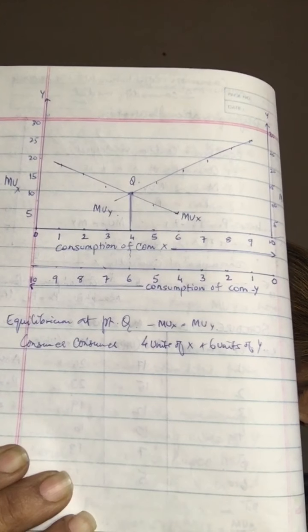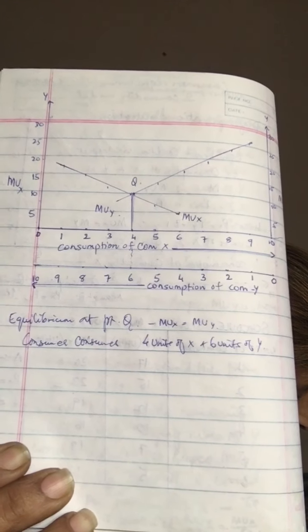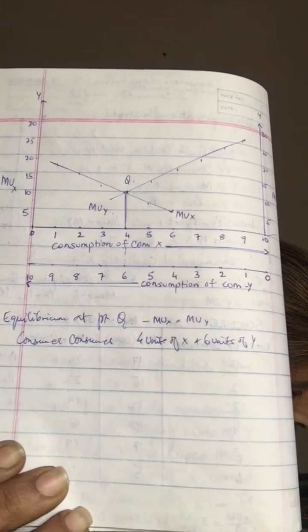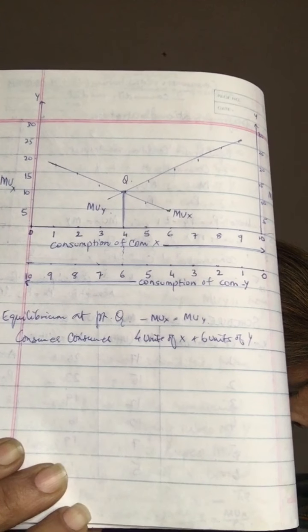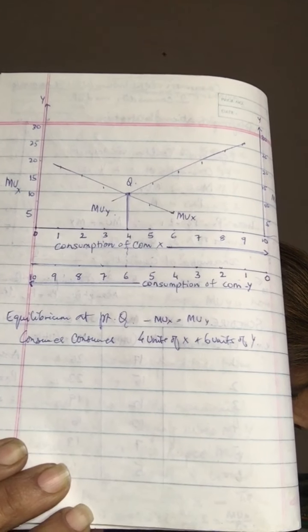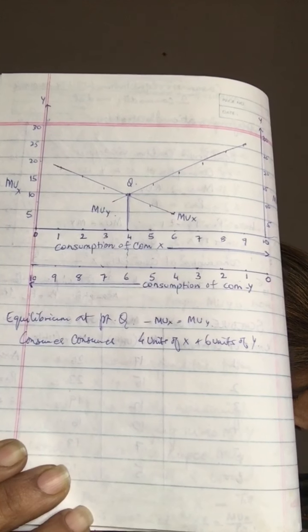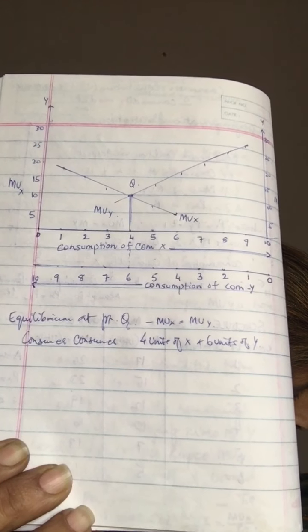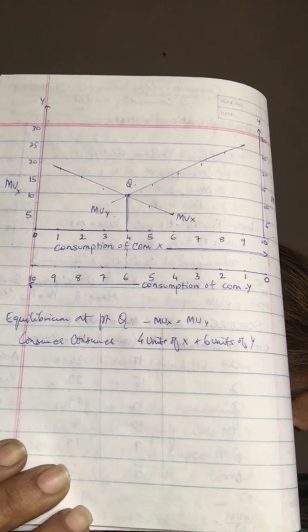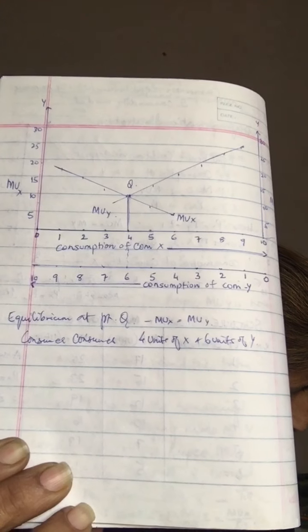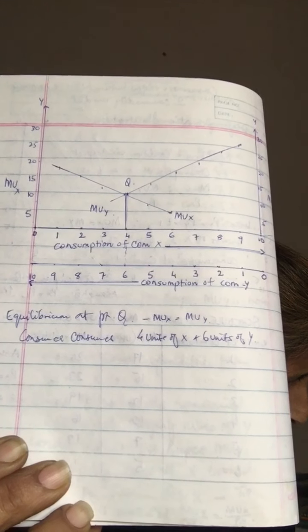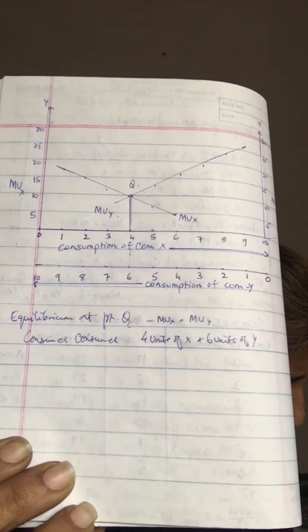We put a dot there. Second, the marginal utility is 15. Third unit of X, he gets 12. The fourth unit, he gets 10. The fifth unit, he gets 7. And the sixth, he gets 5. You join that and you get the MUX.